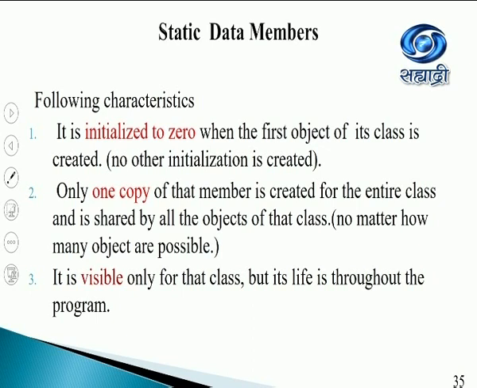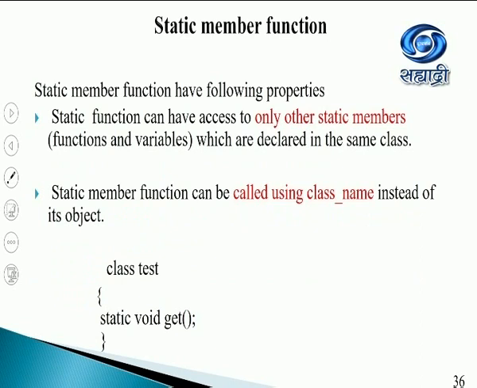So only one copy will be created and that will be shared by all the objects, no matter how many objects are being created. Next important point, it is visible only for that class, but its life is throughout the program. Just like we have static data members, we have static member functions. These have the following properties.